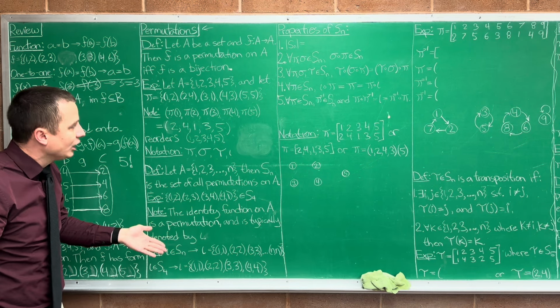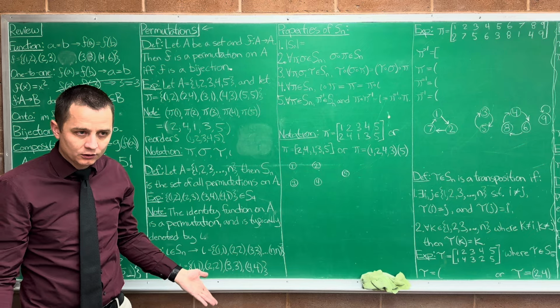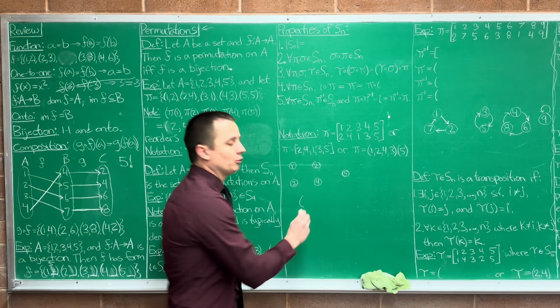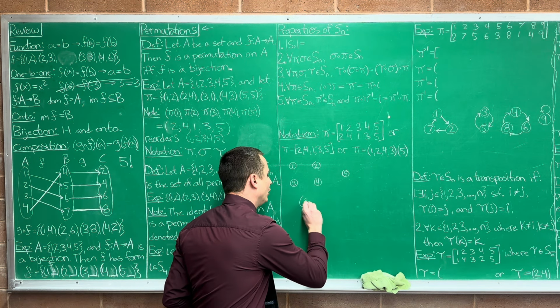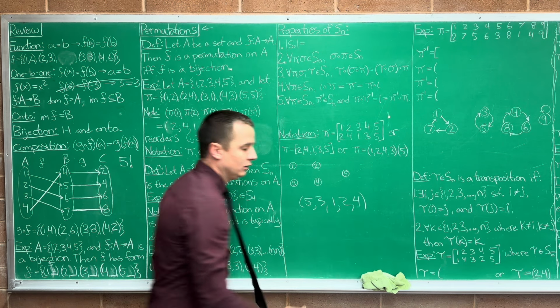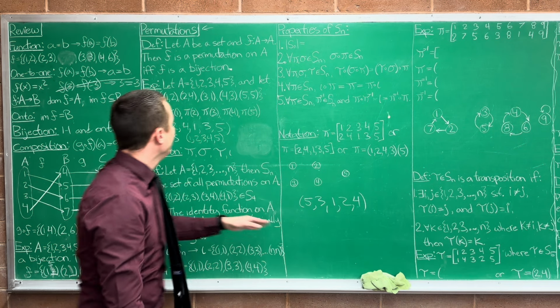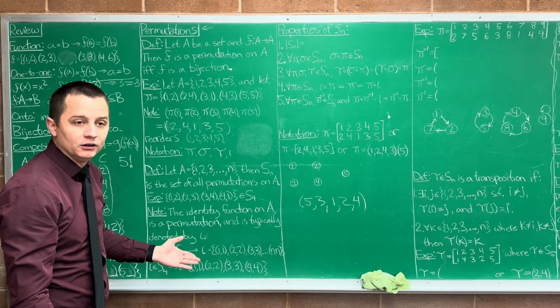So what is a permutation of the numbers 1, 2, 3, 4, 5? It's just a way of ordering them. Here's one permutation of the numbers 1, 2, 3, 4, 5. I can have 5 go first, then I can have 3, then I can have 1, 2, and then 4. This is one possible ordering, one possible permutation on the numbers 1, 2, 3, 4, 5.